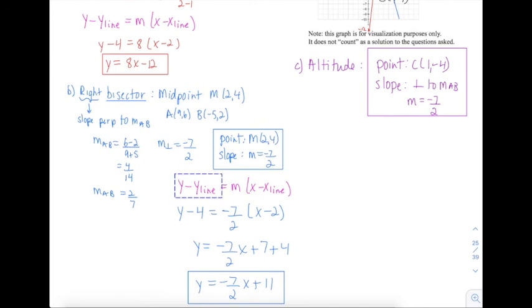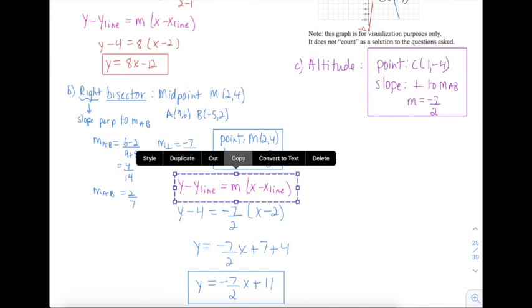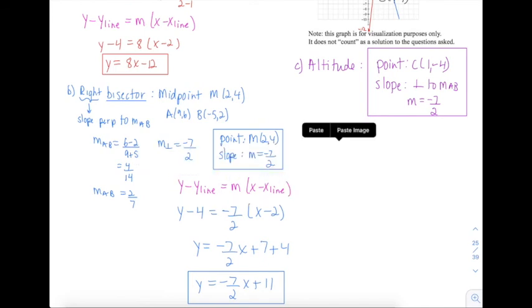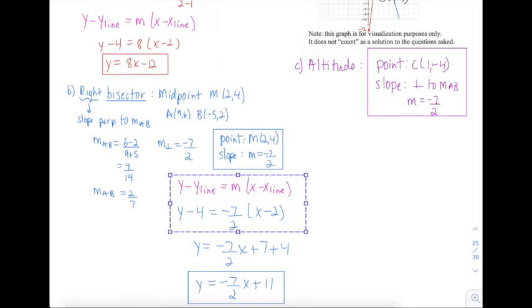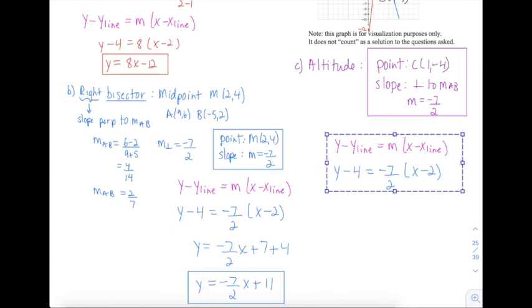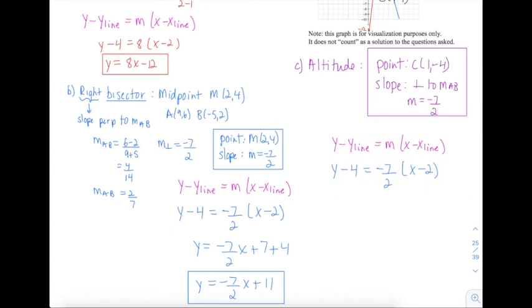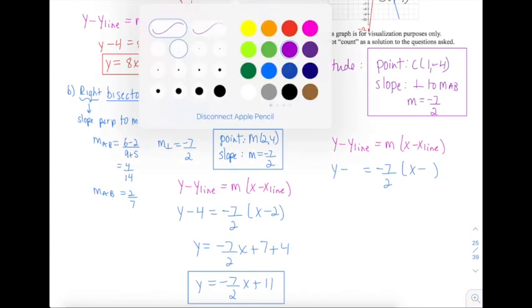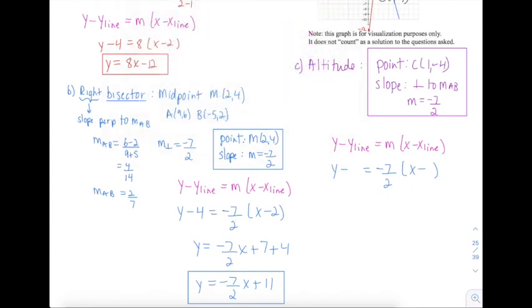Let's do it. We're getting rid of these two. I've got y plus 4 equals negative 7 over 2 times x minus 1.